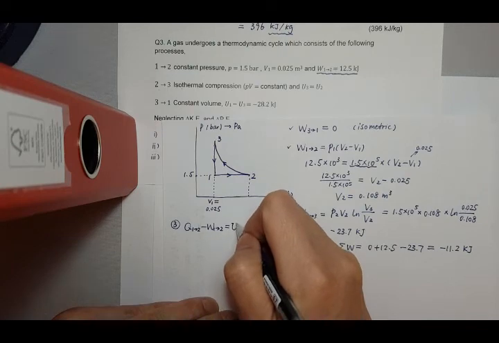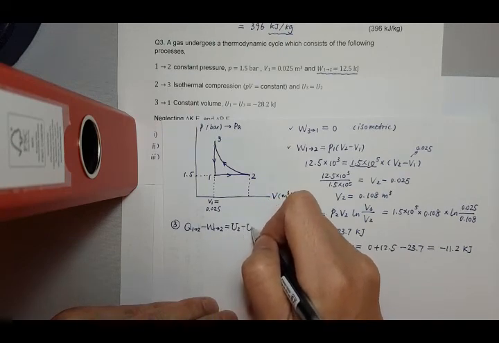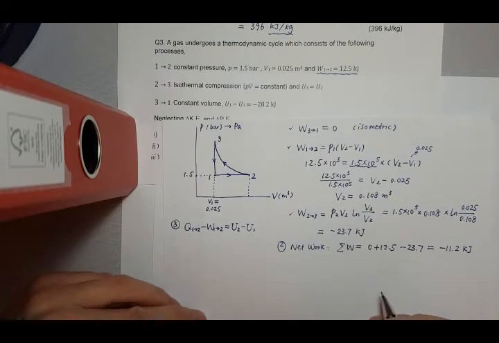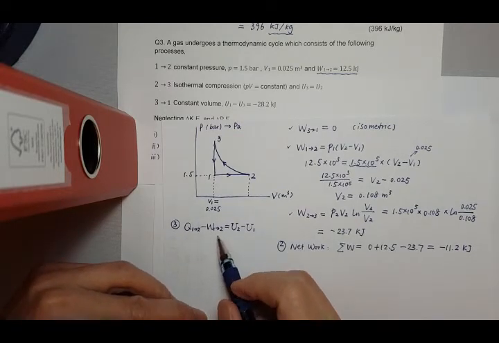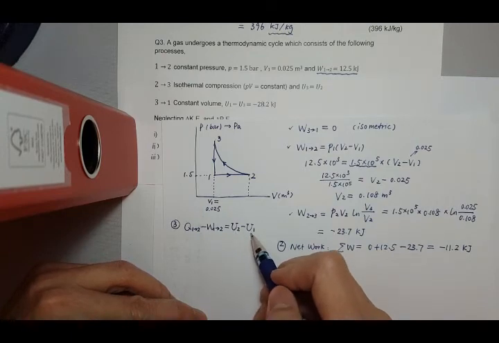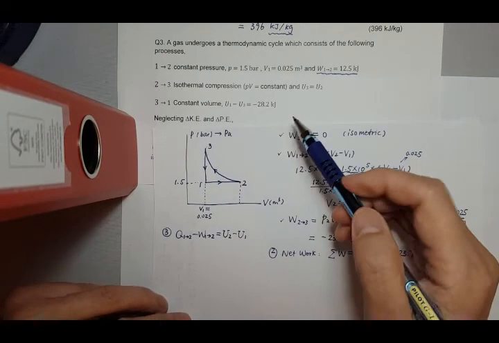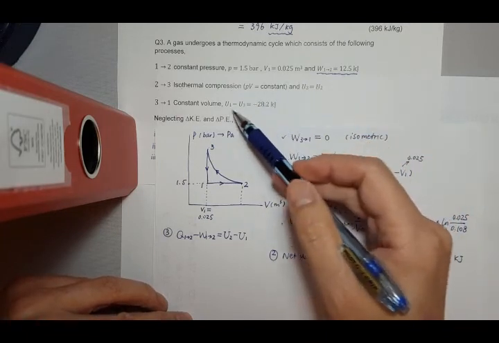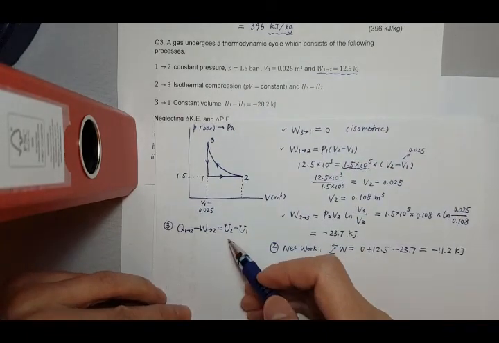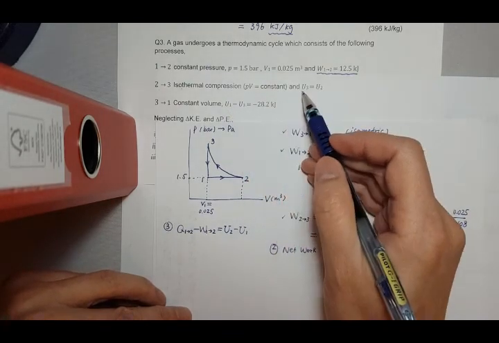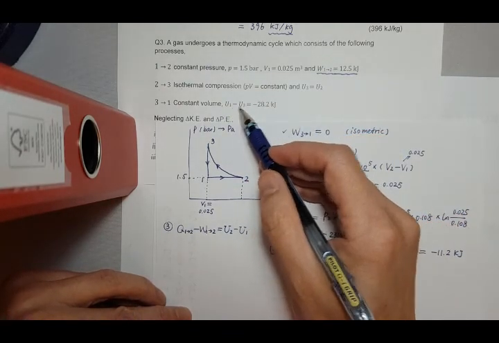You have to be careful about this: it is U2 minus U1. You can see W1 to 2 has been given here. Then we need to find out U2 minus U1. However, if we have a look here, from all the information we can't directly find the difference between U2 and U1. However, we have these two, so we just need to make use of these.